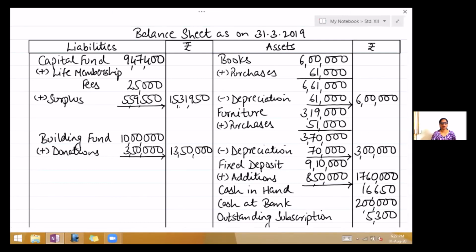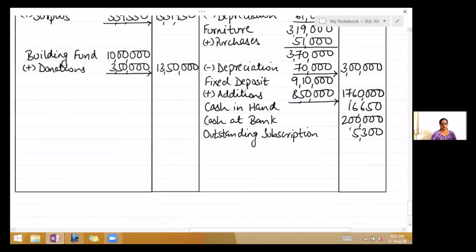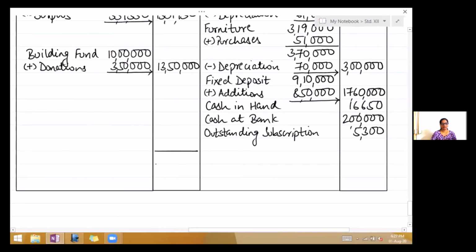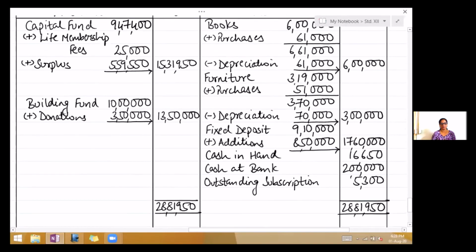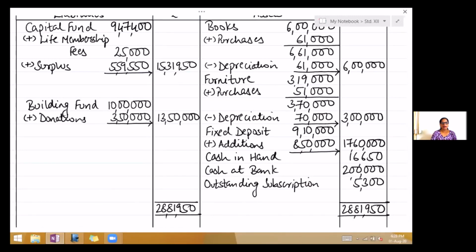Now total up your assets and liabilities. So take the total of the liability side of the balance sheet. Right there, 28,81,950. And your assets also will be the same. So it is 28,81,950.